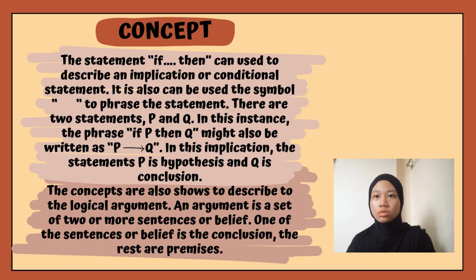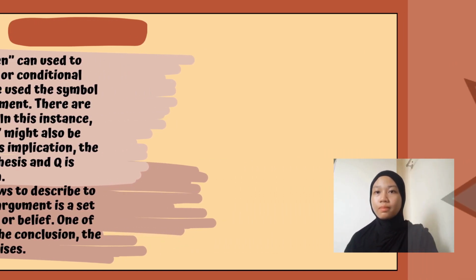The concepts also describe a logical argument, and an argument is a set of two or more sentences or beliefs. One of the sentences or beliefs is the conclusion and the rest are the premises.